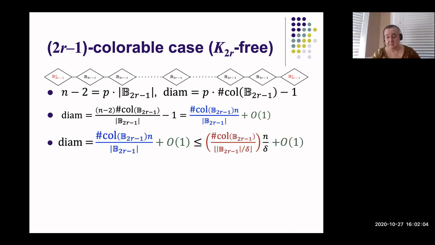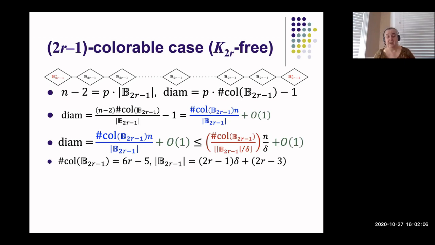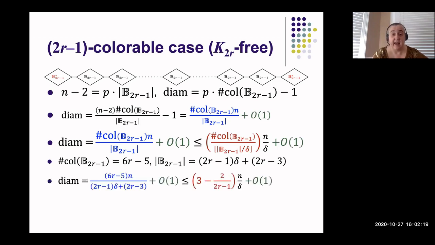To cut the long story short, we can generalize these examples in such a way that we create a block with 6r minus 5 columns. The number of vertices is (2r minus 1) delta plus 2r minus 3. That gives us a constant 3 minus 2 over (2r minus 1) times n over delta, which is best possible and works for all delta.